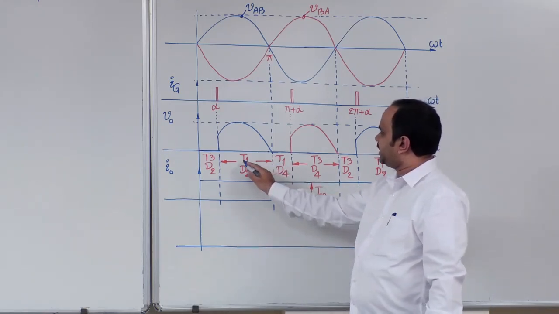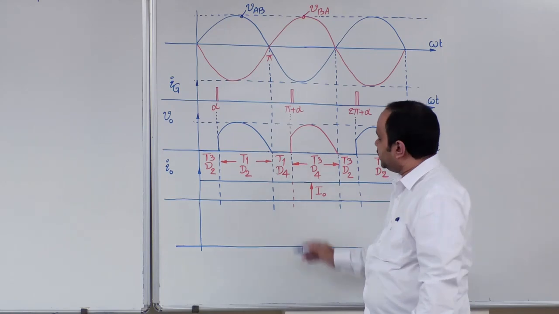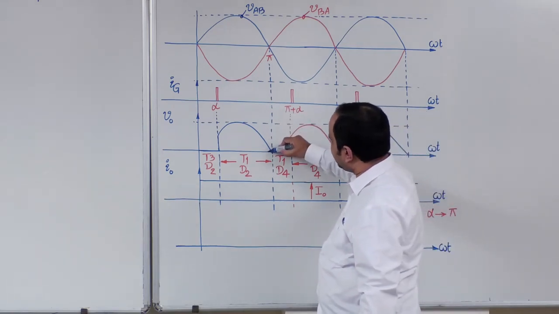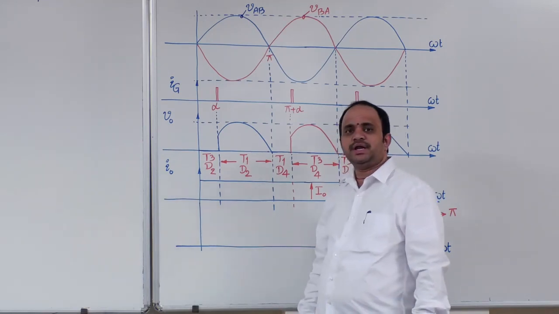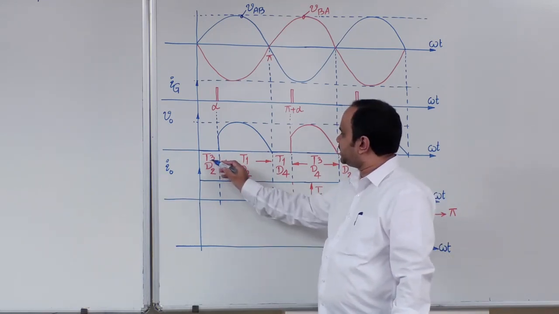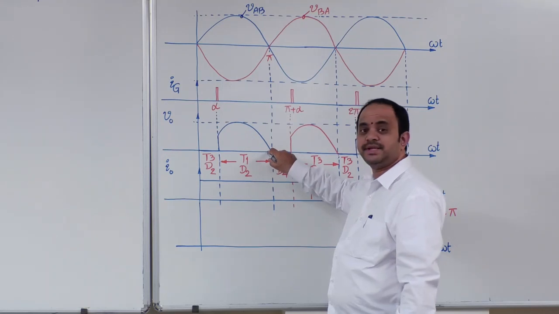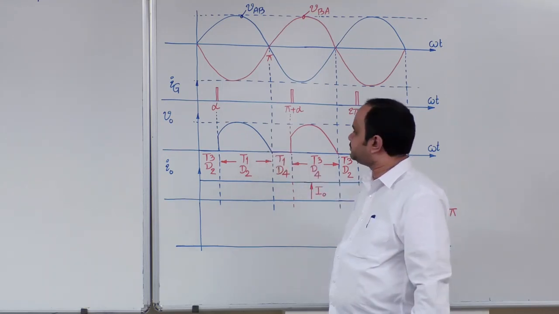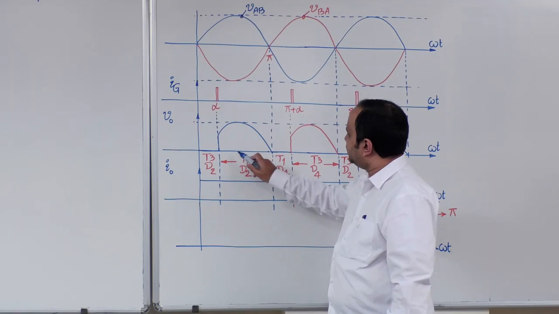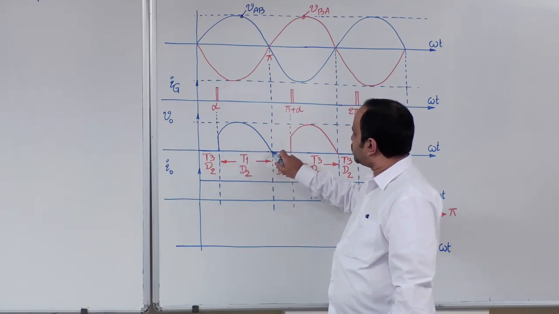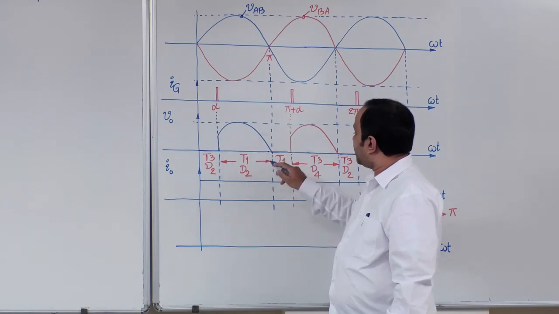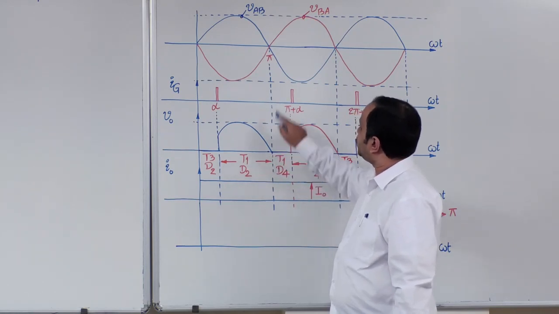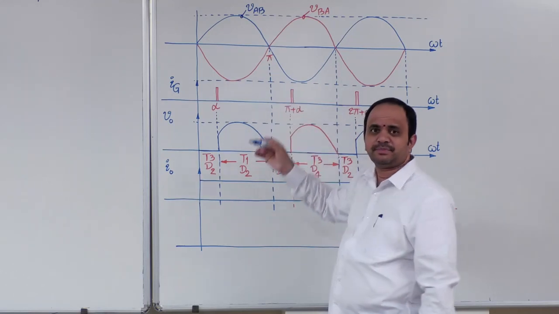Only here the adjustment is in the upper half devices. If T1 is triggered very close to pi, what is the concept? Due to the heavy inductive property of the load, T3 will conduct until T1 is triggered. That is our basic idea. But observe carefully, if alpha is given very close to pi, T1 is going to be reverse biased immediately after pi.